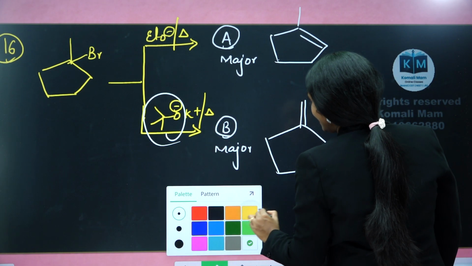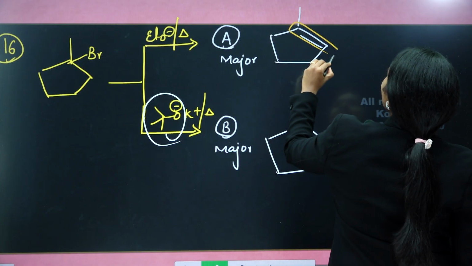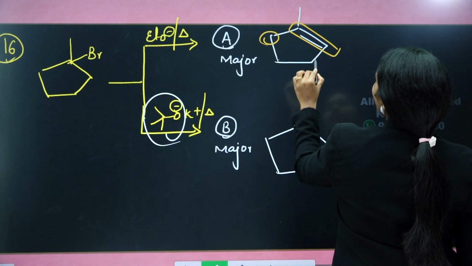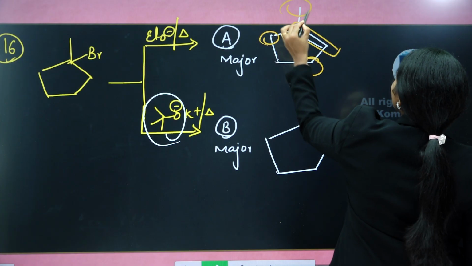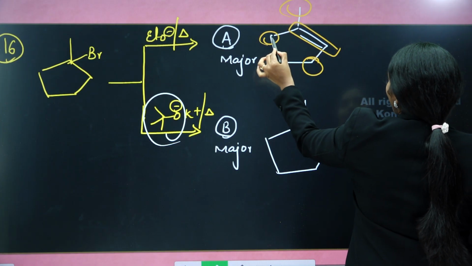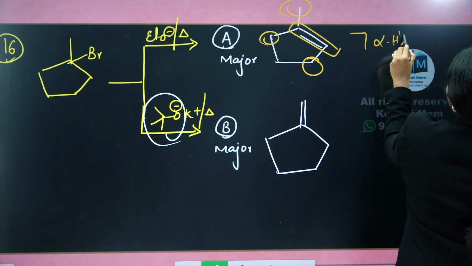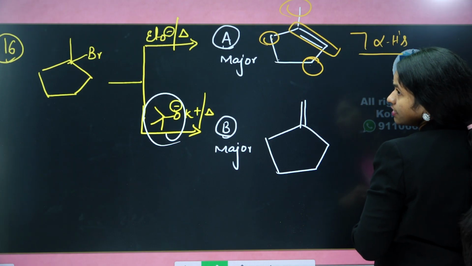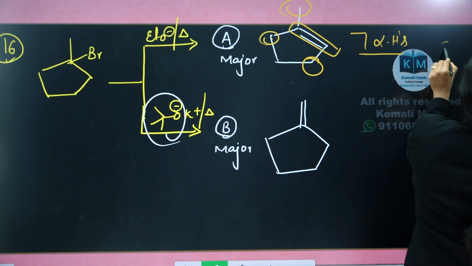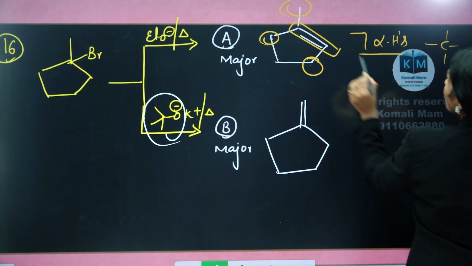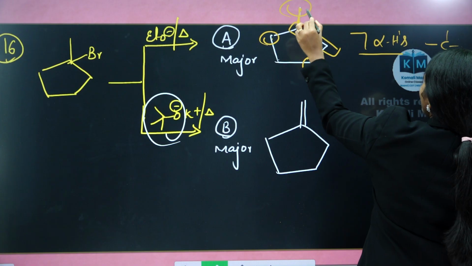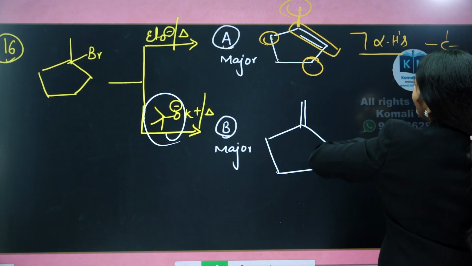So let us see, the double bond is connected with 2 alpha hydrogens, 3, 3 plus 2, 5, 5 plus 2, 7. 7 alpha hydrogens. How to count alpha hydrogens? Carbon valency is 4. So only one bond is there, means 3 hydrogens are hiding.